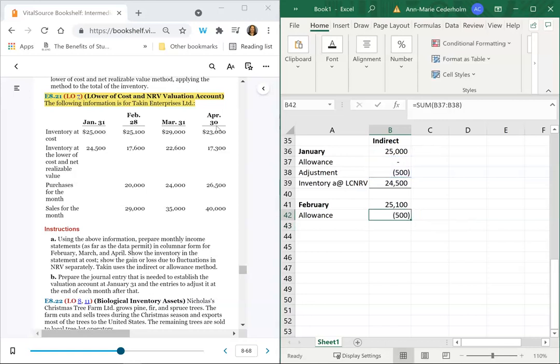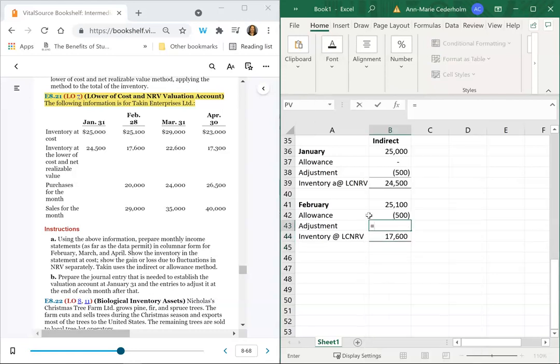And that's actually happening in a separate T account. So I have my opening allowance, my adjustment, if any, to bring this to lower of cost and net realizable value. So in February, the cost is $25,100 and the net realizable value is $17,600. So I need to write this one down.